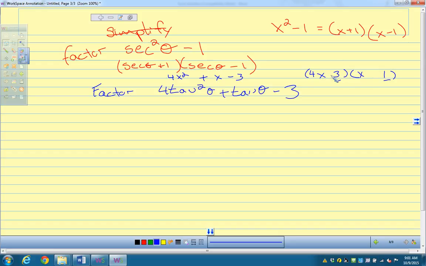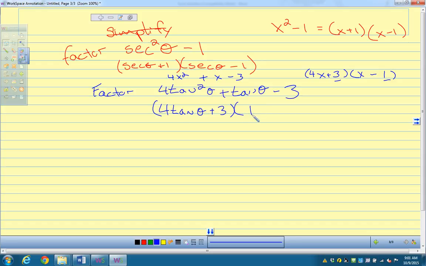Since this is positive, you put a positive here, and you put a negative there. That works, right? When you FOIL it out, you get that, okay? So when I rewrite this, you don't want to write that. That's not the right answer. The right answer is 4 tan theta plus 3 times 4 tan theta minus 1.